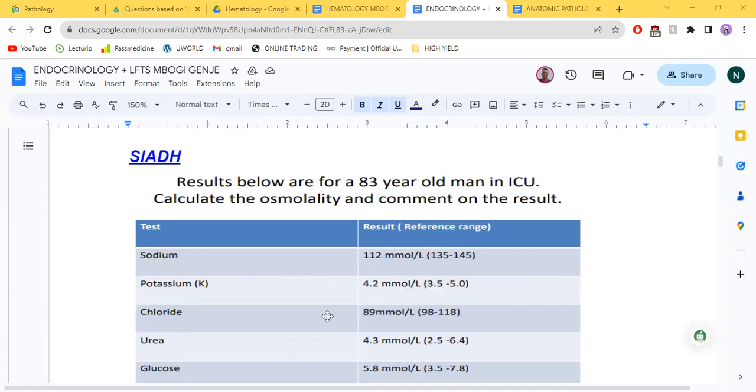Potassium, normal. Chloride, low. Urea, 4.3 is normal. Glucose, 5.8, normal. Okay, so calculate the osmolality. Do you know how to calculate it? Give me the answer.